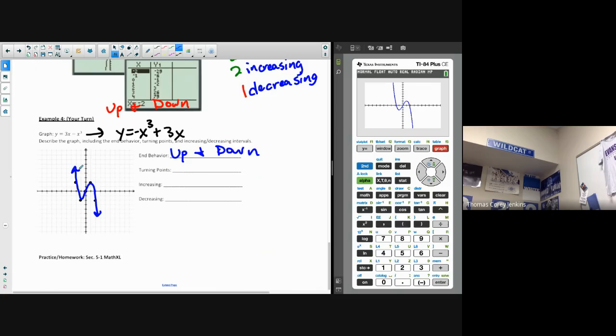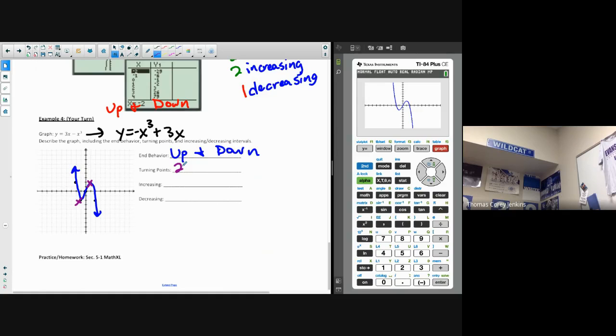So how many turning points do we have? That's a turning point, and that's a turning point. Another word for those is local max and min. 2 turning points.